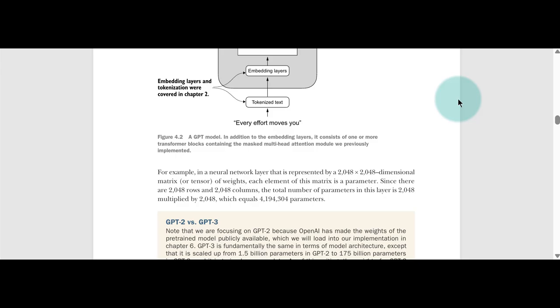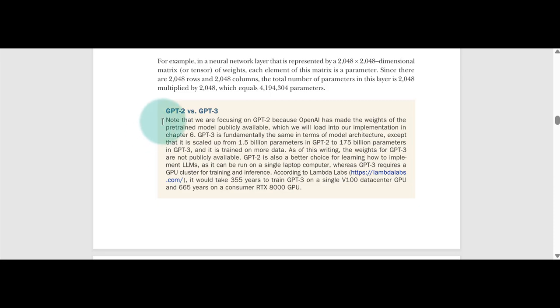So he says, suppose that the matrix was 2048 by 2048, then the number of elements would be that number squared, which is this number. So we would say we have that number of parameters. Let's just read this note.